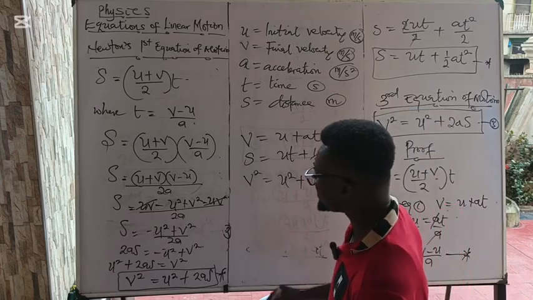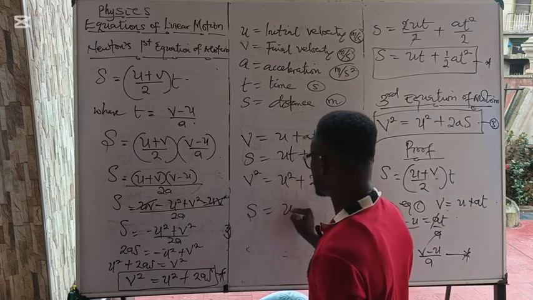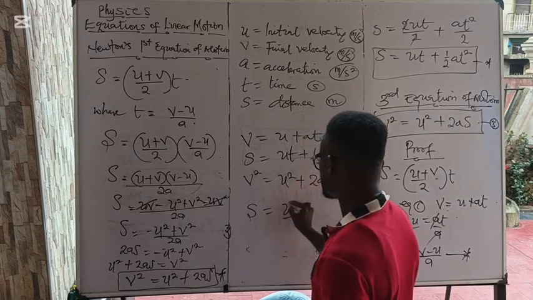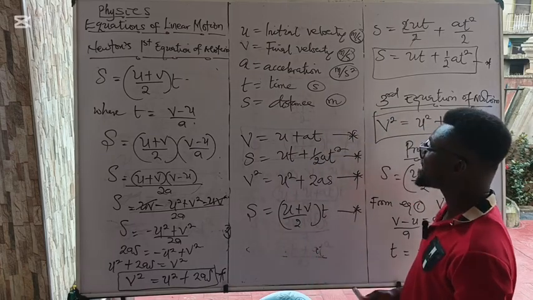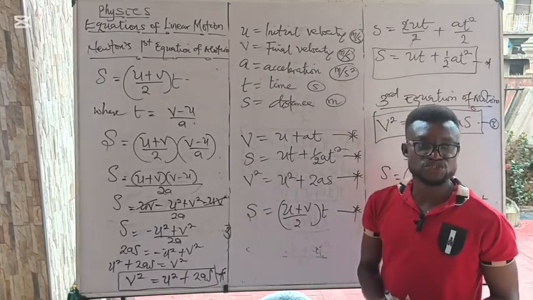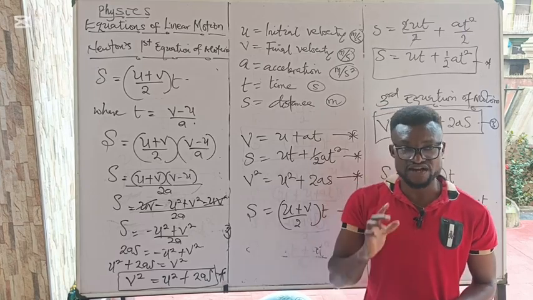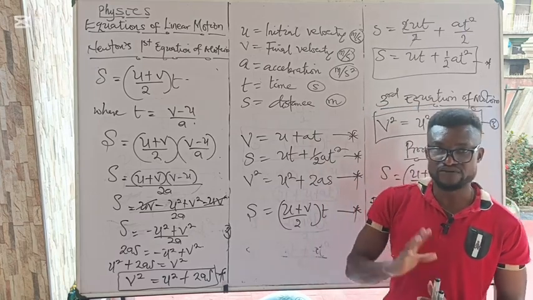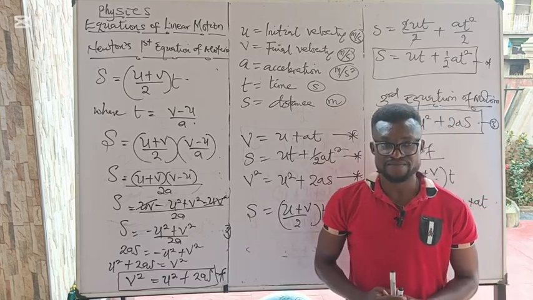If you like, you can still include s equal to (u plus v) all over 2 times t. Then at this very point, there are things you need to remember before you solve any exercise. You have to note them, 3 of them. Now write.